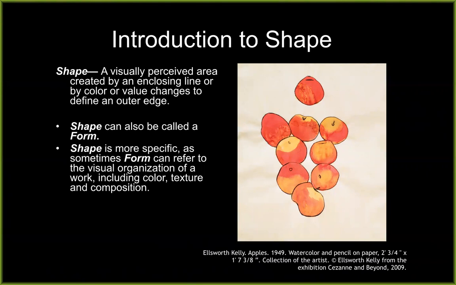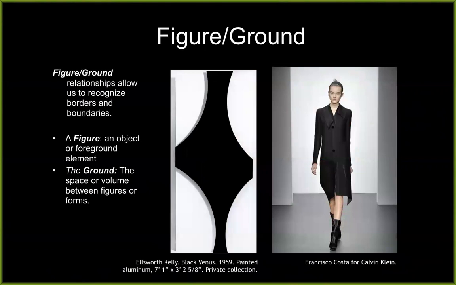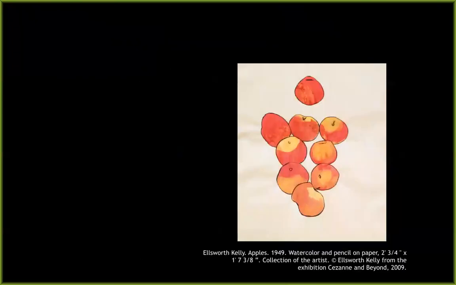We have a really simple drawing, painting of apples. There's a great discussion of these two photographs in your book, and they talk about figure and ground, how figure and ground are established in a painting or in photography. And if we go back one, this one's really simple. The apples are the figures and the ground is the background.